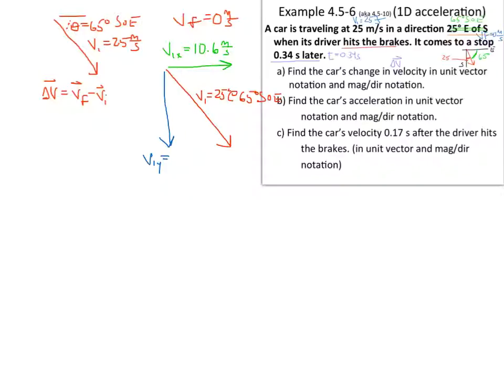And our y value is going to be 25 sine of theta, right? 25 sine 65, that I round to 22.7 meters per second in the y direction. Oh, but wait, it is negative y, right? So we've got to put a negative sign in front of it. Don't forget that.